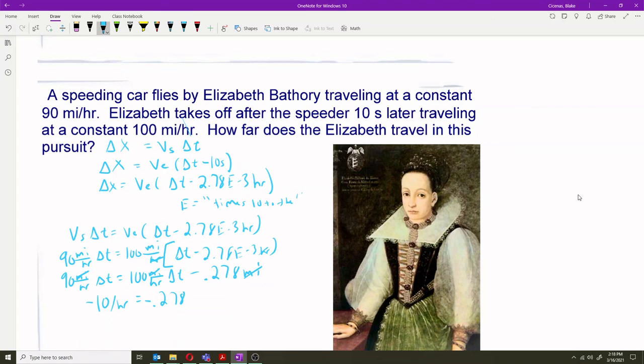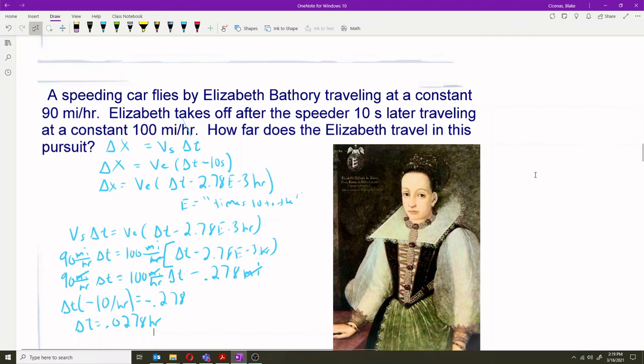Then I divide 0.278 by 10, and I get, oh, forgot my delta t. Wow, it's still there. It was just being silent, kind of like a silent E in my name, Blake. All right. Delta t is equal to 0.0278 hours.